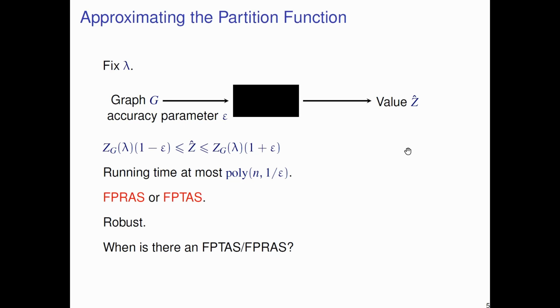So this is called an FPTAS, a fully polynomial time approximation scheme, because it applies to different epsilon. Fully because we have to be polynomial in 1 over epsilon. FPRAS is if you're allowed randomness. Now you might think, wow, if you don't work in this area, what a hokey and overly convoluted definition.